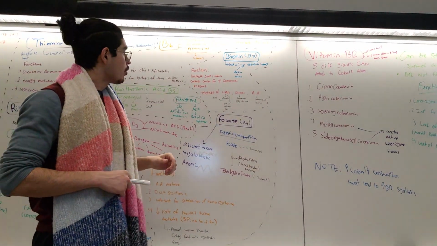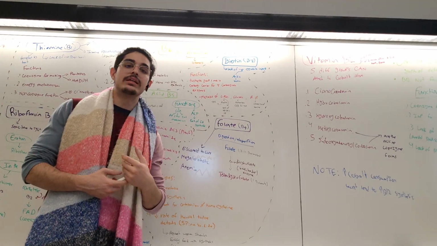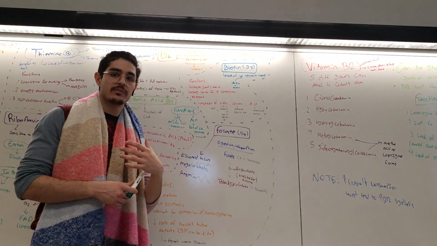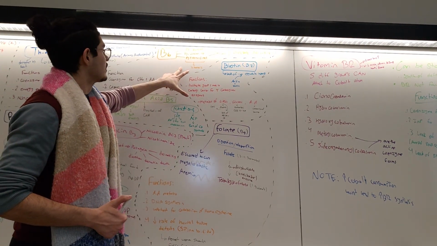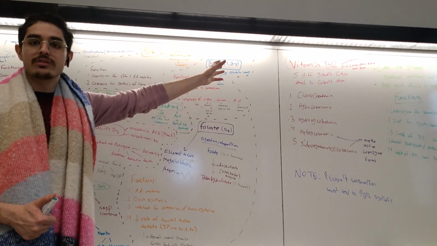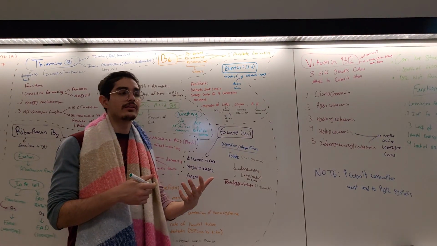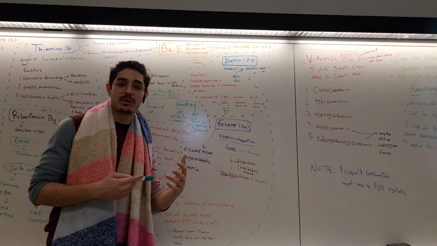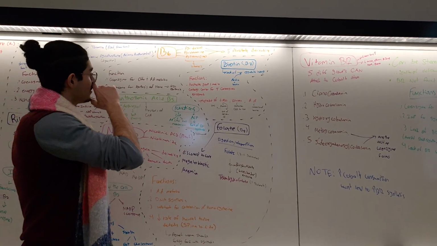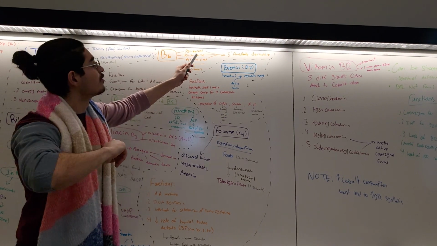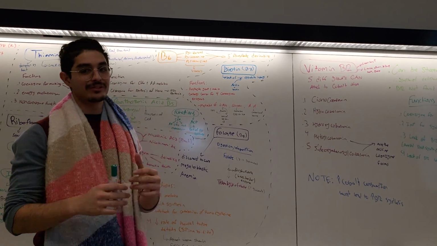Pyridoxine is the one with the OH group. These are all vitamers, meaning they are all interchangeable, and they're all active as well. Now, alongside these three, each of them has a 5' phosphate derivative.